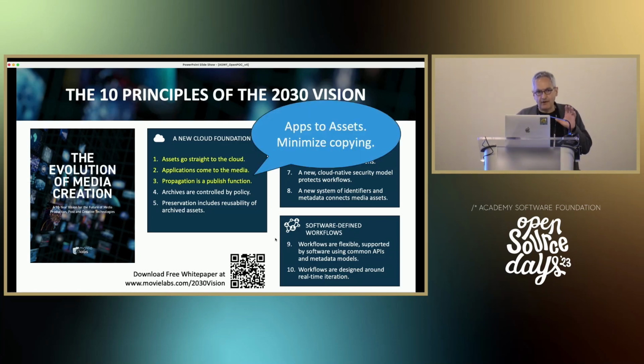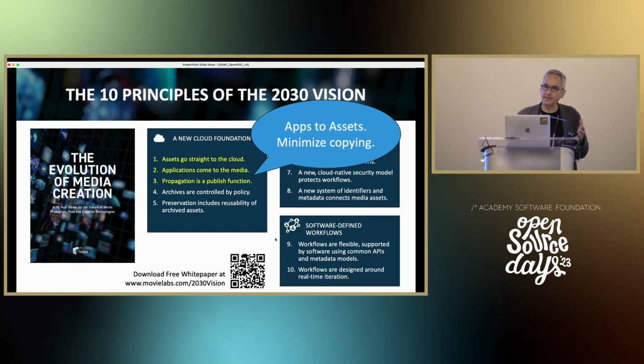I wanted to lay out 4 areas which are why we did this POC using some of these projects. One of the key concepts of the 2030 vision is that we're no longer copying assets all over the place, within a department, between studios and vendors. The idea is that the assets should go straight to the cloud and stay there, and the applications should come to the assets, not vice versa.